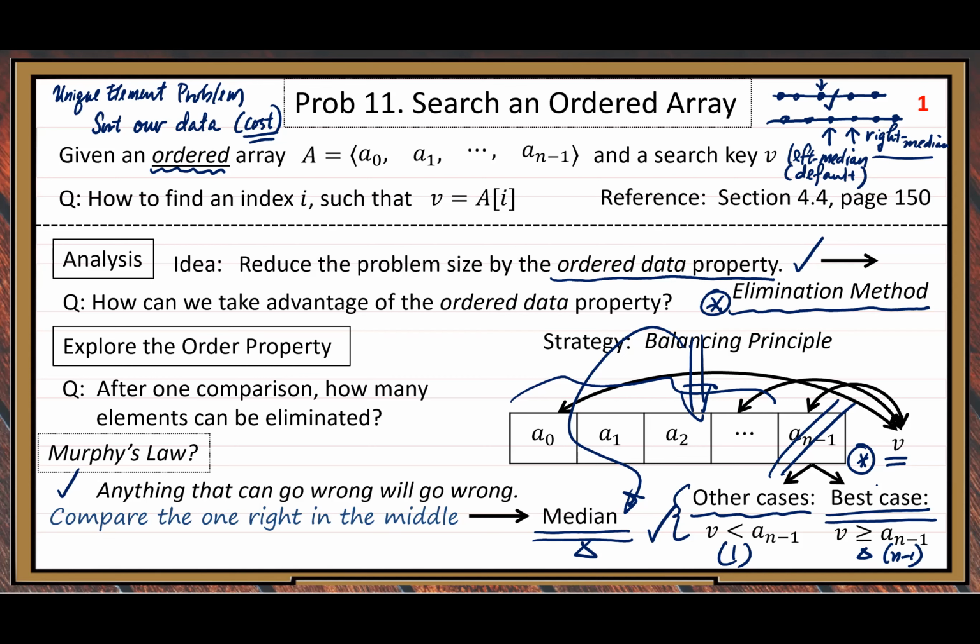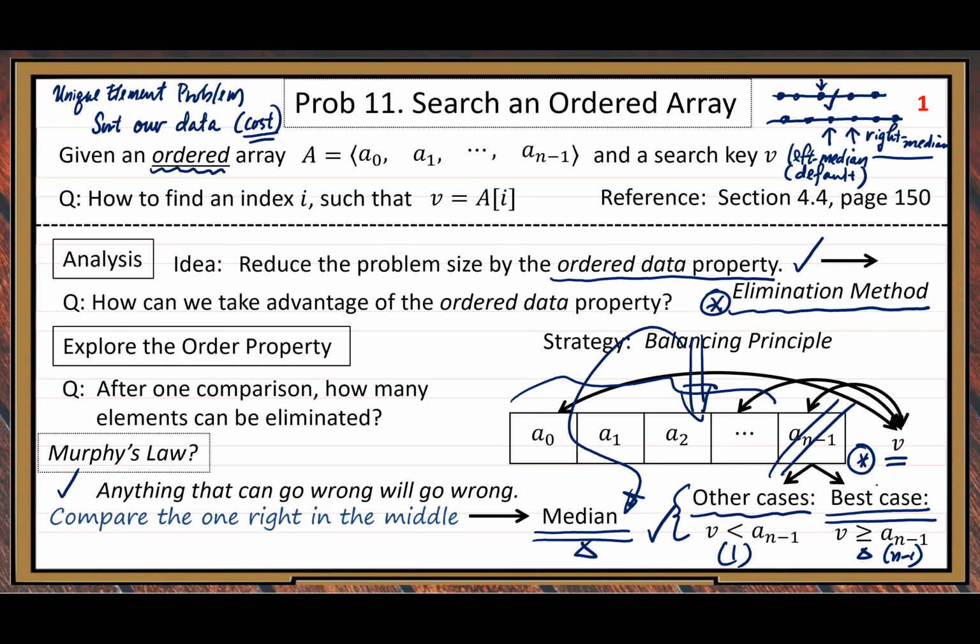Data distribution for different cases is extremely unbalanced. That's the reason we have poor efficiency. Then for the median case, the data distribution for those two cases is extremely balanced, closest to the most balanced way. We can call it the most balanced way.